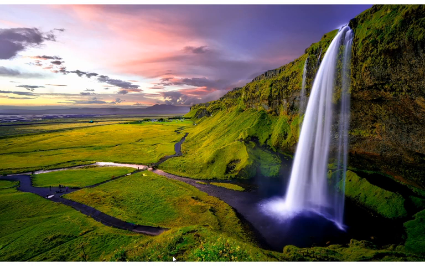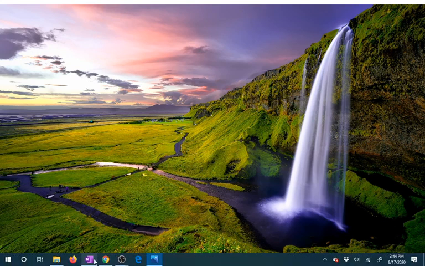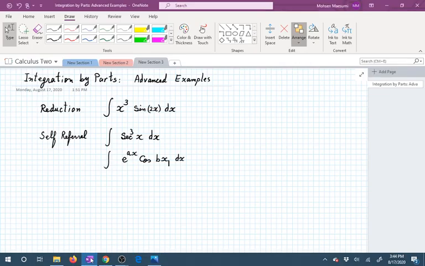Today we are going to take a look at some advanced examples in integration by parts. Let's go and see the story of this topic. So, the examples I have for you are as indicated here. First one is the integral of x cubed sine of 2x.